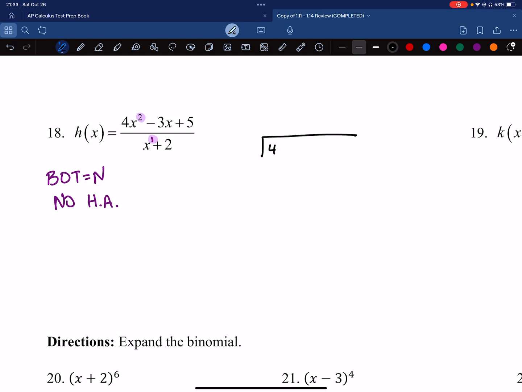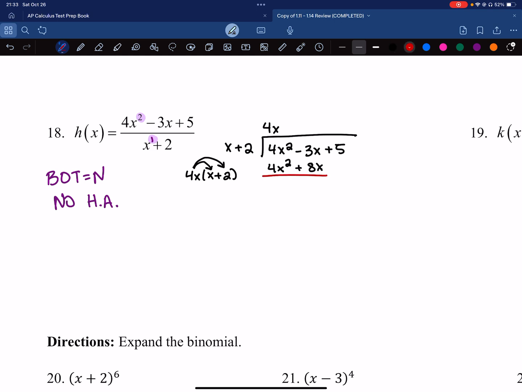So I'm going to take 4x squared minus 3x plus 5. I'm going to divide by x plus 2. So what do we need to multiply x by to get 4x squared? That would be a 4x. 4x times x is 4x squared. 4x times 2 is a positive 8x.